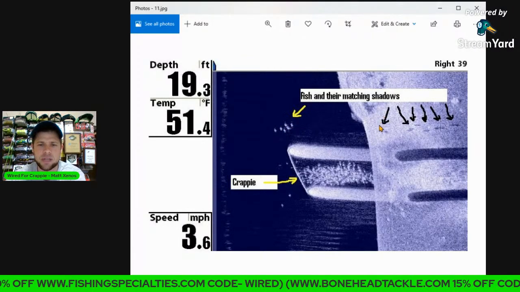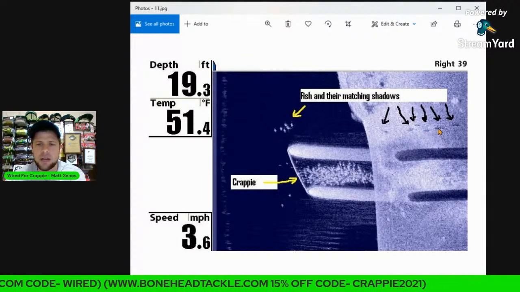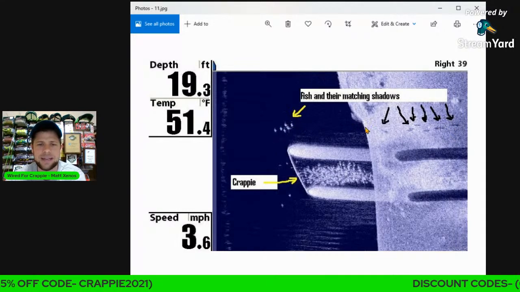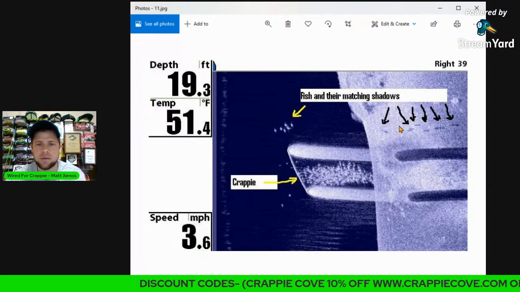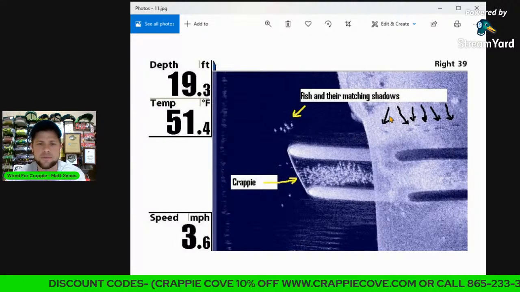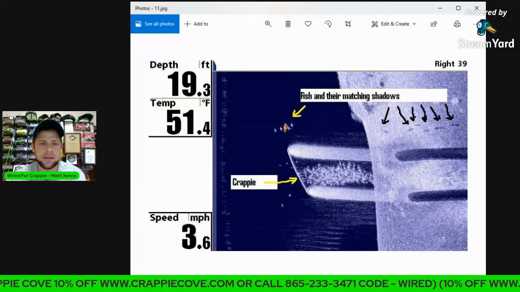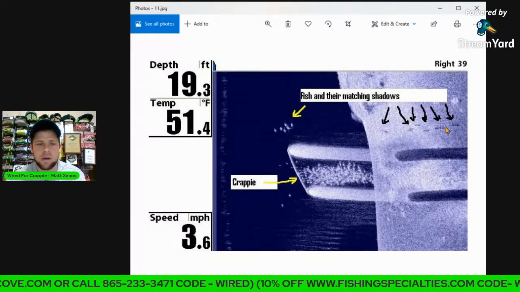Let's count these shadows. 1, 2, 3, 4, 5, 6 shadows. That gives you an idea that if these fish were down close to the bottom, then those shadows would be here where this first arrow is. But because those fish are so high in the water column, their shadows are very far from them.